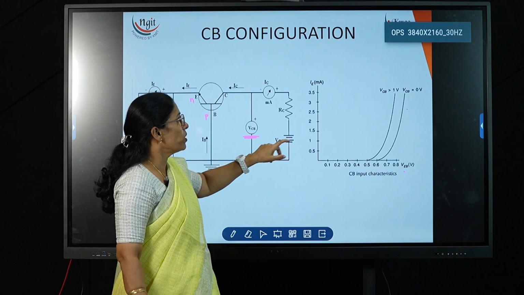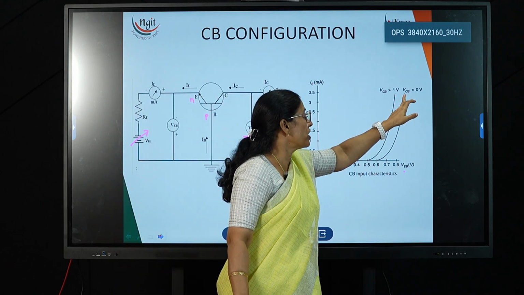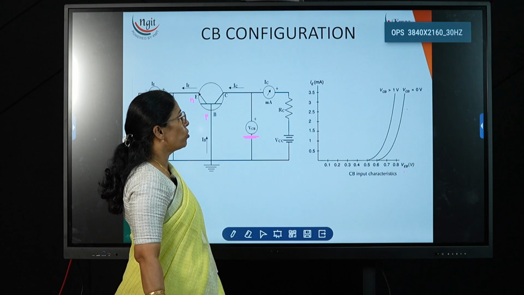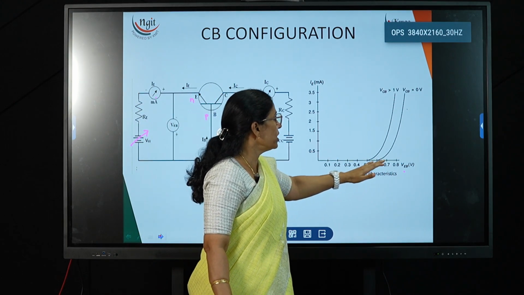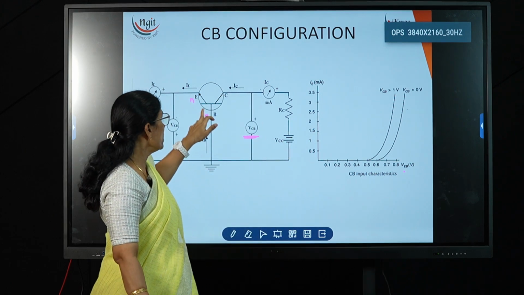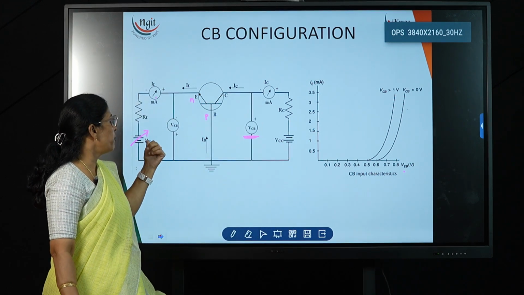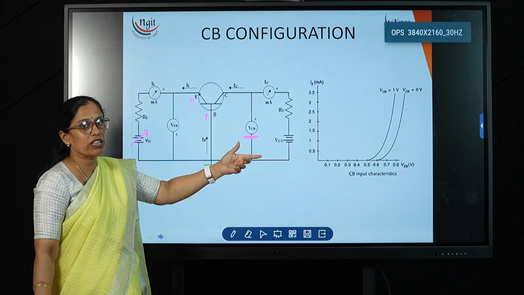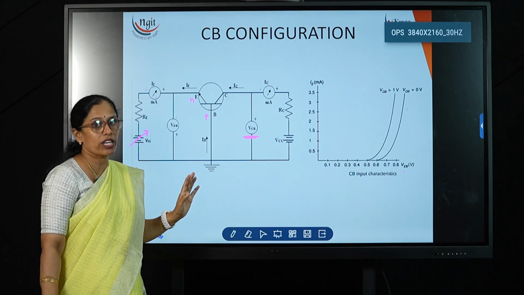First we fix it at 0 volts, and by observing this input voltage and input current, if you draw the graph, it looks like a normal PN junction characteristic, because this is a PN junction with forward bias applied.